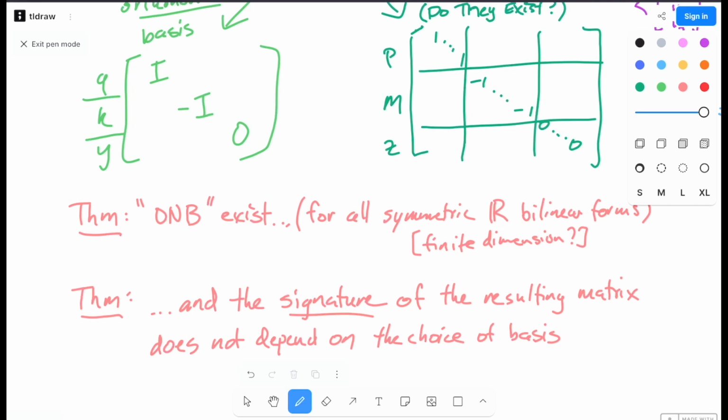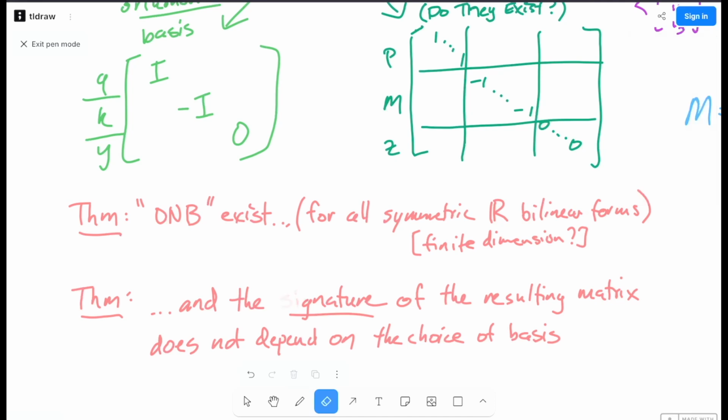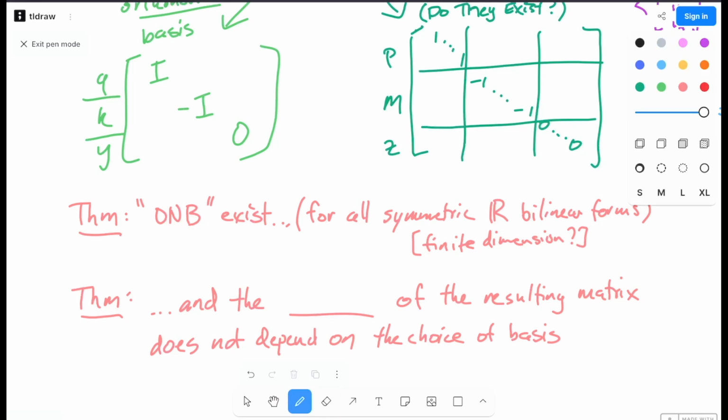So when I say the signature here, and maybe to really emphasize this, I'll put this in green, I'm talking about this P, M, Z, or you can just abbreviate it to just the P and the M.